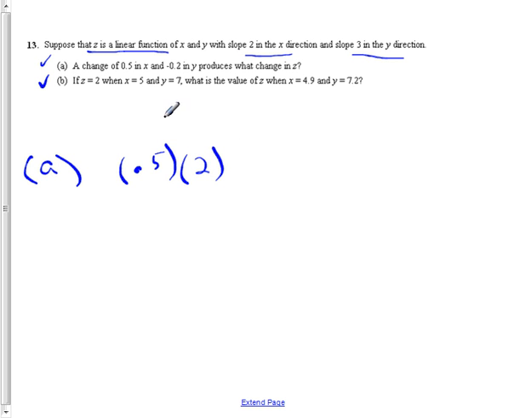So this will be my total change in z from this given change in x, plus minus 0.2 change in the y, times 3. And this will give me my change in z given this change in y. So what does that equal? Well, this is 1 minus 0.6.